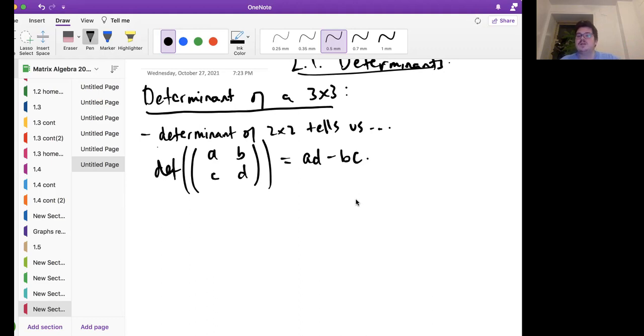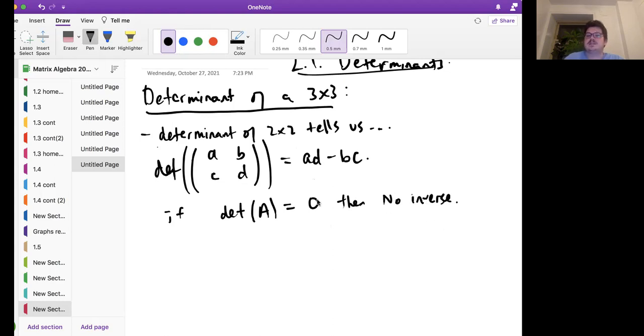What do we use that for? Right, whether or not the matrix has an inverse. So if determinant A is equal to 0, what does that tell us? Then it has no inverse.